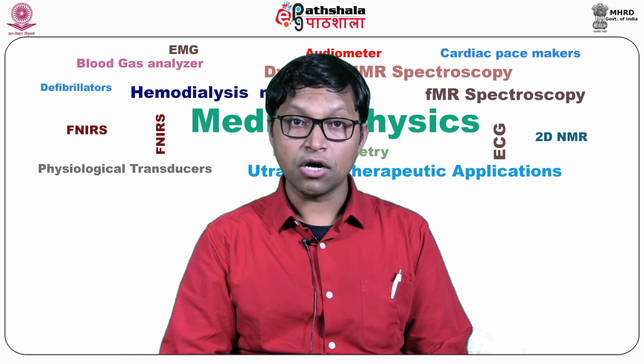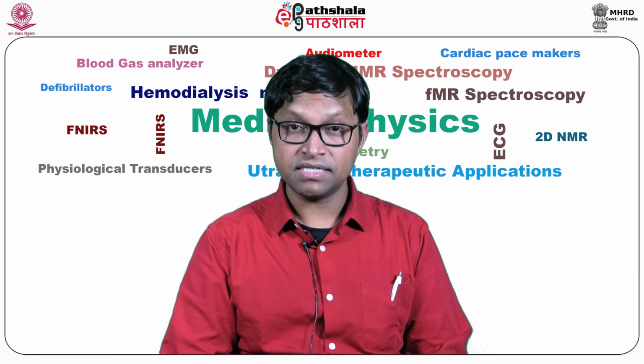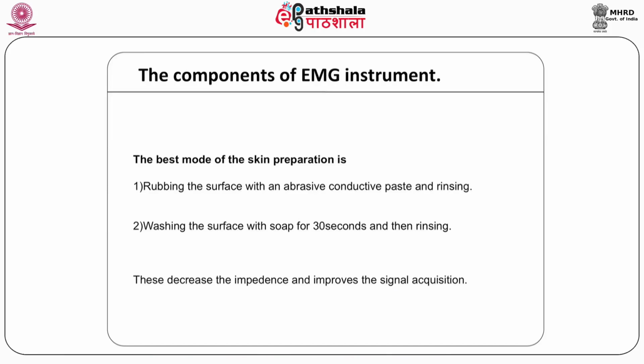So, having a good skin preparation is desirable. The best method of skin preparation is rubbing the surface with an abrasive conductive paste and then rinsing, and the other one is washing the surface with soap for 30 seconds and then rinsing. These methods decrease the impedance and improve the signal acquisition.